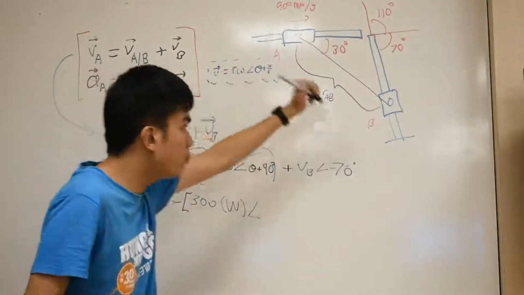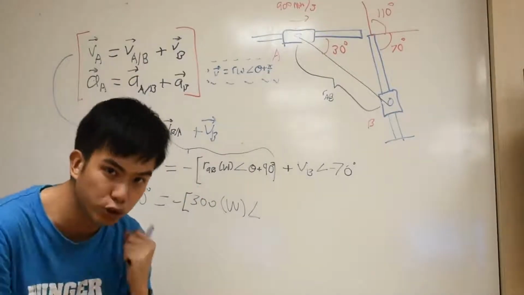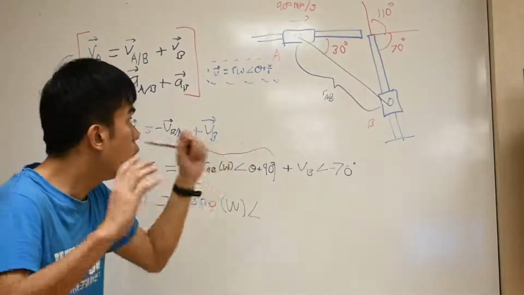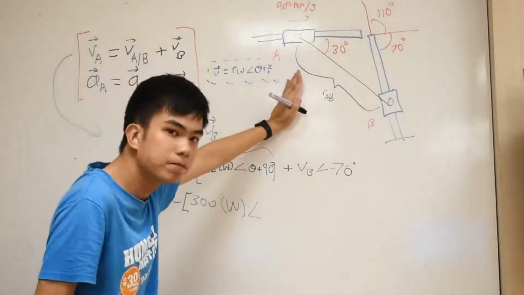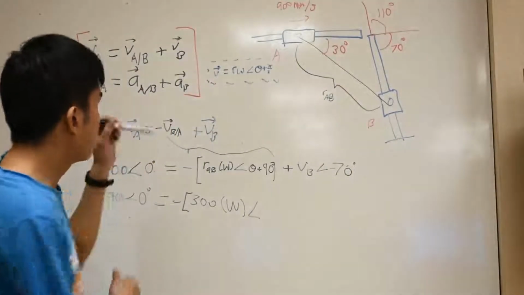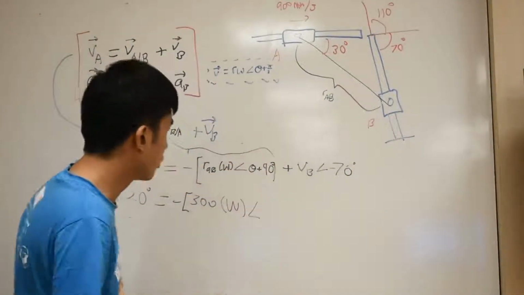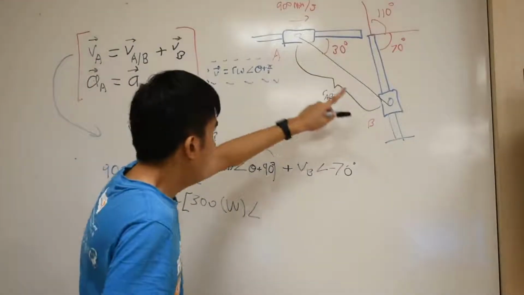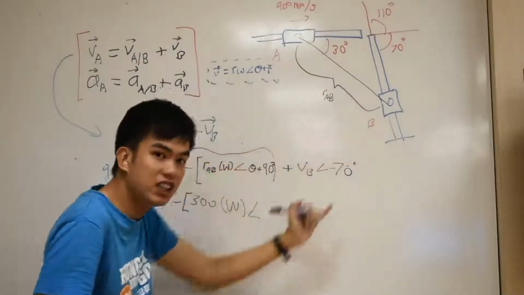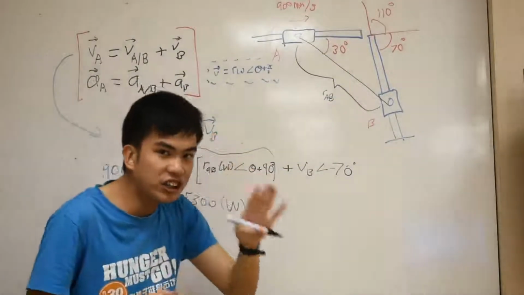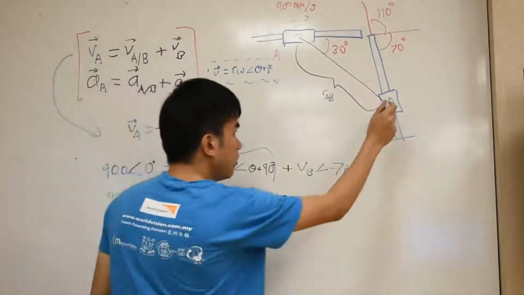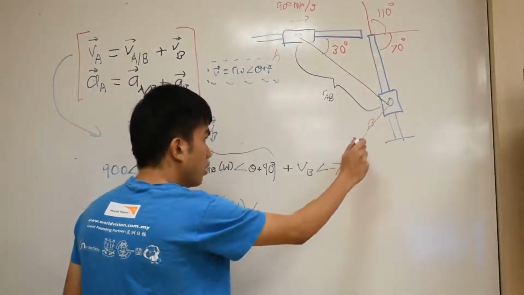If A were to view B as a circular motion, what is B's direction of velocity with respect to A? How do we find that? It can be found easily if you view closely. If A were to think that B is rotating in a circular motion, the direction of motion of B can only be in two directions. It's either pointing here or pointing here.